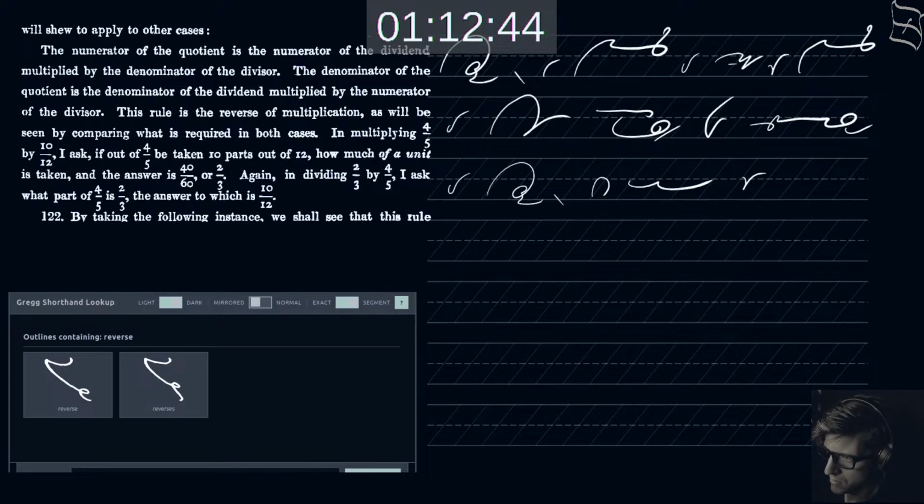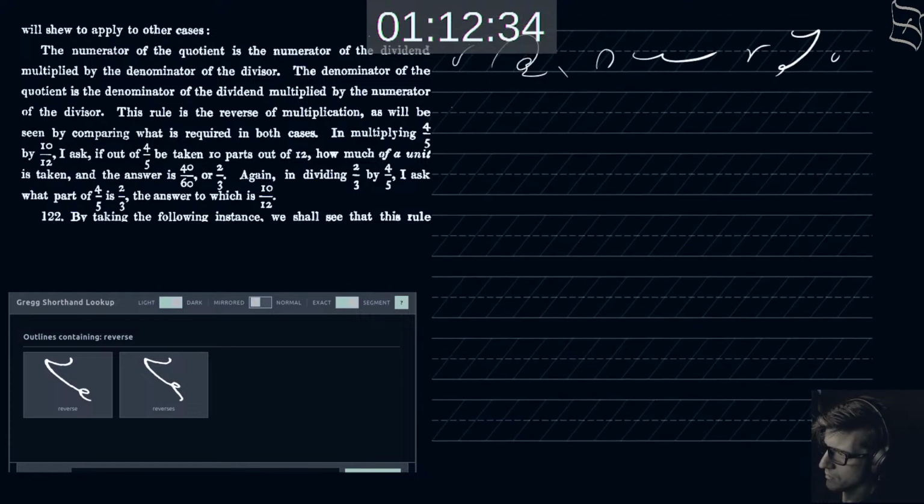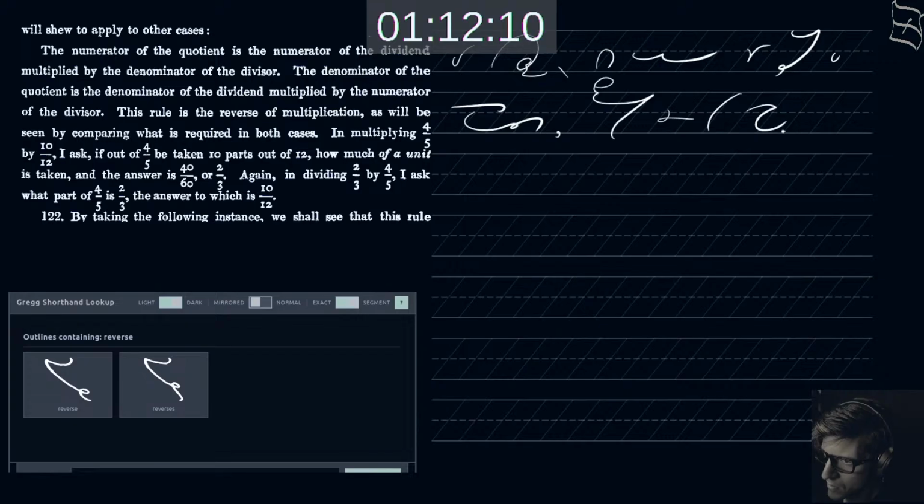This rule is the reverse of multiplication, as will be seen by comparing what is required in both cases.